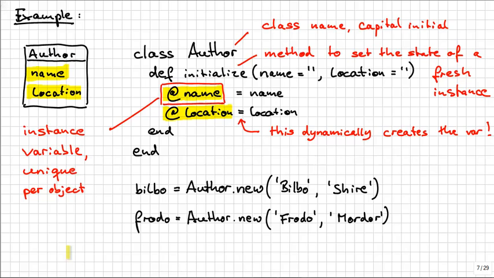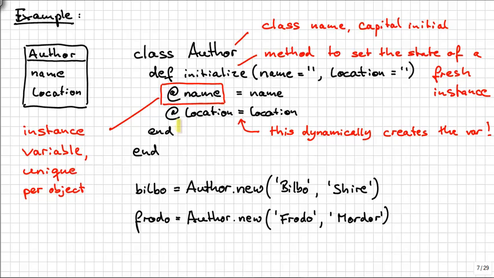Now we use initialize to take the provided name and initialize the instance variable, and similarly so for the location. Remember that we can use initial values or default values for the parameters of the method, which we exploit here as well.